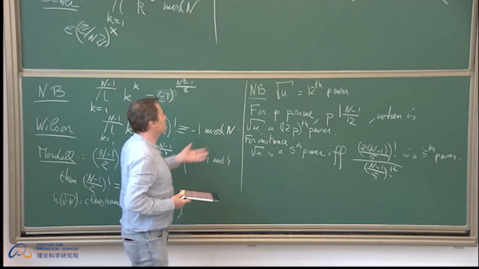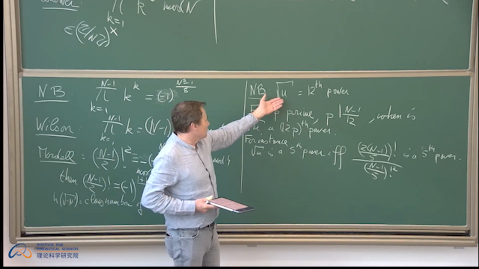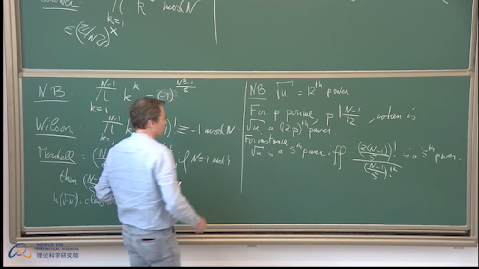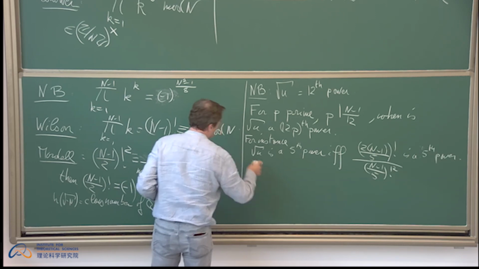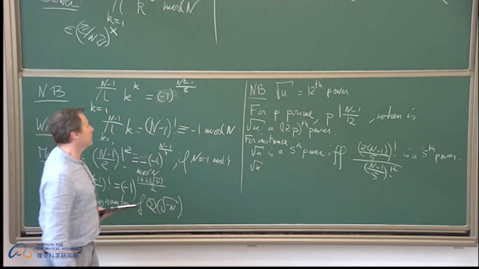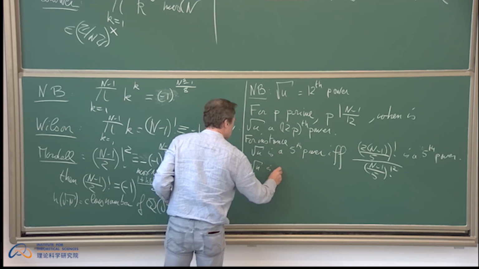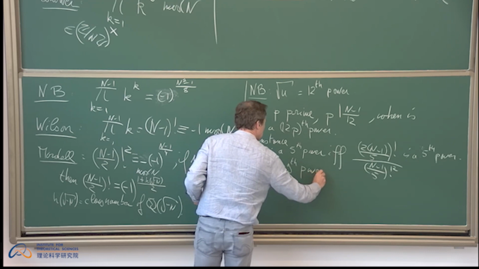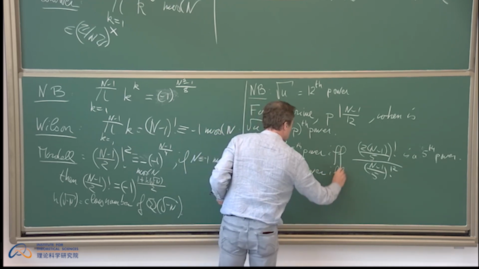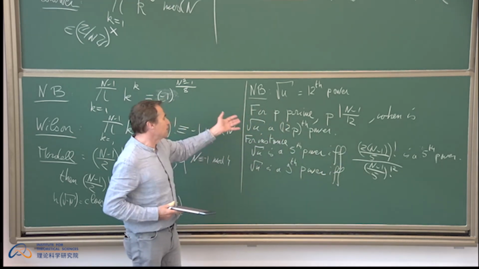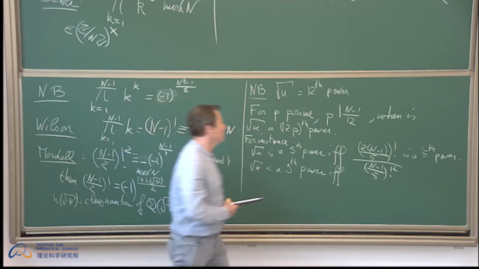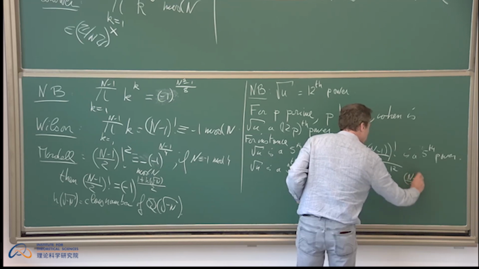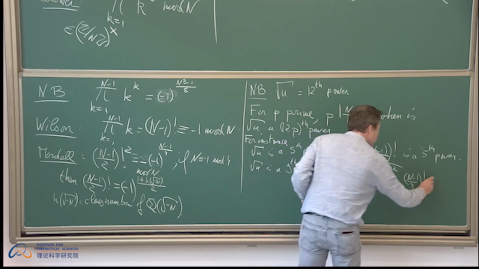So I recall that we know that this number is a cube because it's a 12th power. So the question is whenever it is a 9th power, if and only if, so that would suppose that n is congruent to 1 mod 9, if and only if this is a cube.